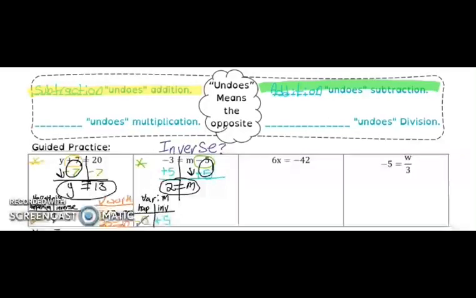And then I need to check work. And again, I do that by just rewriting the problem, but using that number that I got instead of my variable.